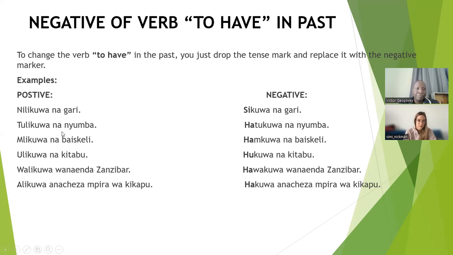Tulikuwa na nyumba. We say hatukuwa na nyumba. Are you there? Mlikuwa na baiskeli. Hamkuwa na baiskeli.